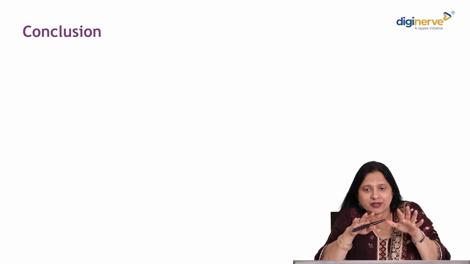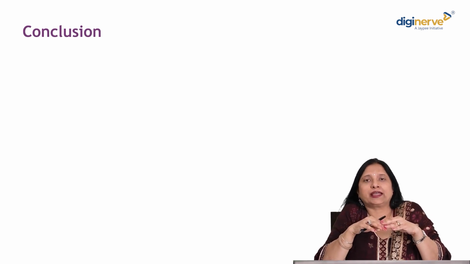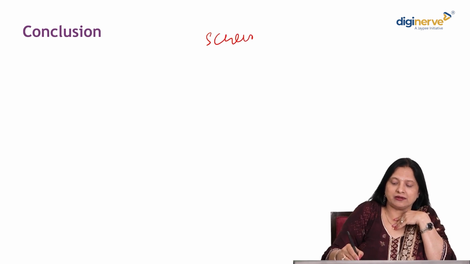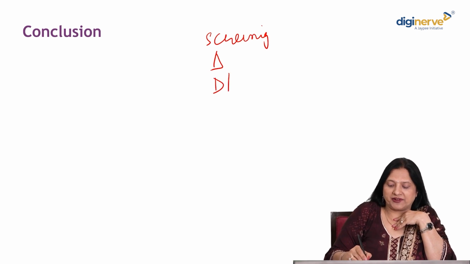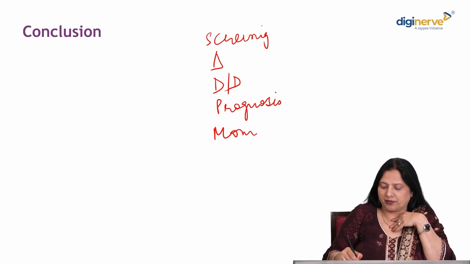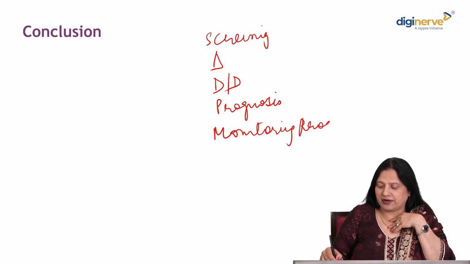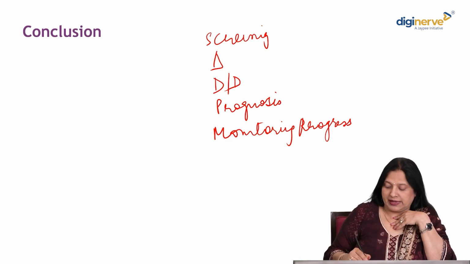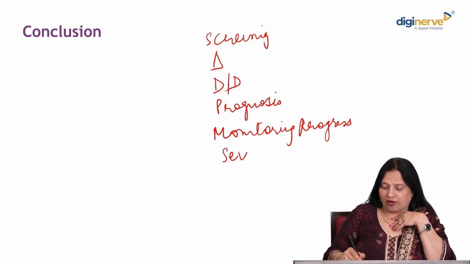So this battery of tests can help us in screening, in diagnosis, in making differential diagnosis, in finding out the prognosis, monitoring the progress of disease or the severity of disease.